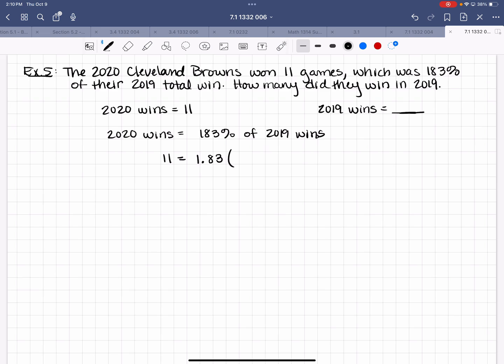The 2019 wins, well, I'm going to pick a letter for that because that's what we're looking for. I'm just going to call it W. So now you have one of those good old algebra equations. An easy one, not a hard one. We've got 11 equals 1.83 W. Y'all are going, my advisor told me I didn't have to do any algebra in this class. Well, it's just a little bit. How am I going to get the W by itself?